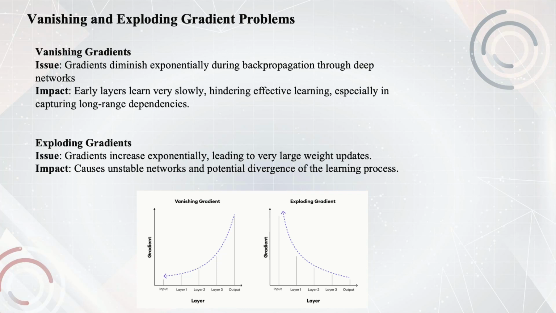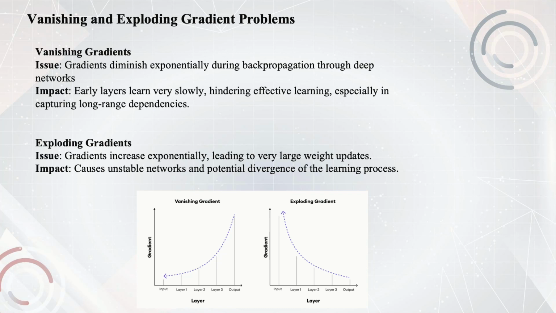This usually takes place when the derivatives are greater than 1, leading these gradients to become very large. Consequently, this causes massive updates in the network weights, thus often resulting in an unstable network. At worst, such a situation may cause the learning process to diverge completely because the weight values will have grown too big to manage.